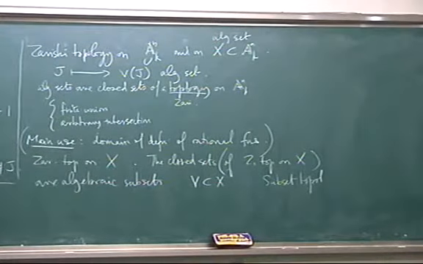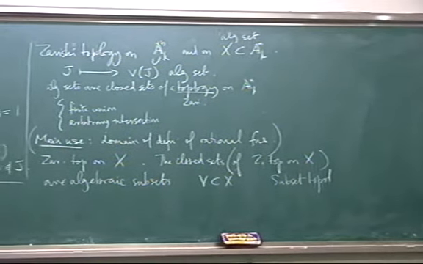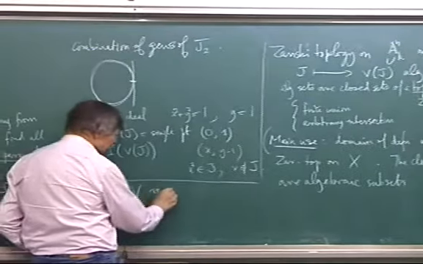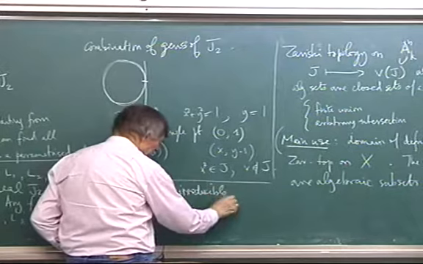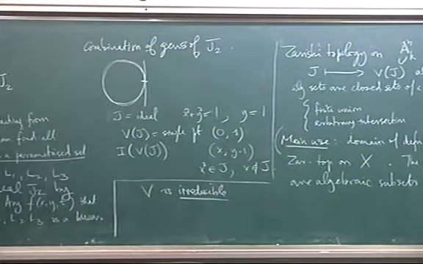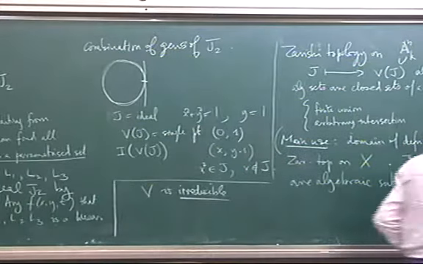The very special thing about the Zariski topology is that in interesting cases, in most cases, it's irreducible. So we say that V is irreducible. This is completely different from classical topology, from the Euclidean or the complex topology.